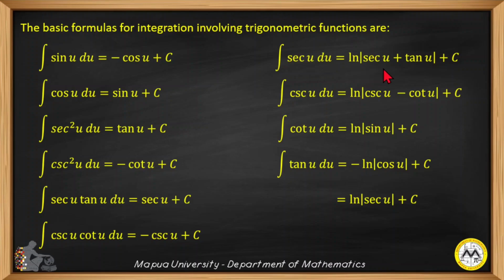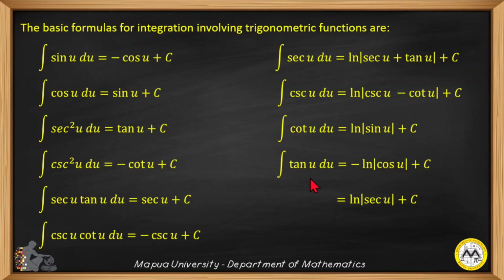Next, the integral of secant u du is the natural log of the absolute value of secant u plus tangent u plus the constant c. The integral of cosecant u du is the natural log of the absolute value of cosecant u minus cotangent u plus the constant c. The integral of cotangent u du is the natural log of the absolute value of sine u plus the constant c.